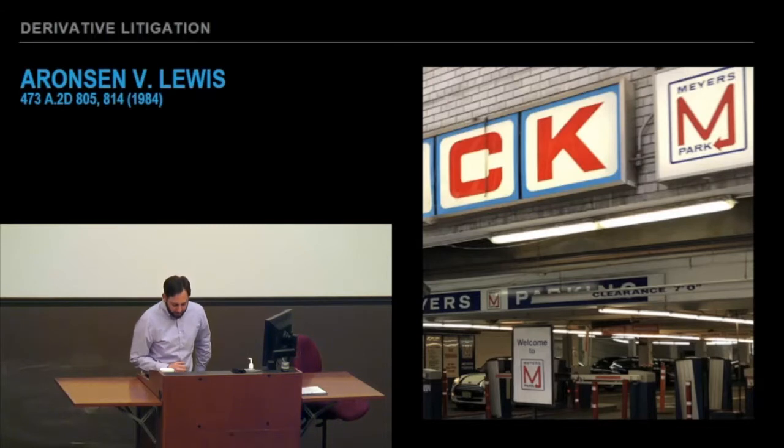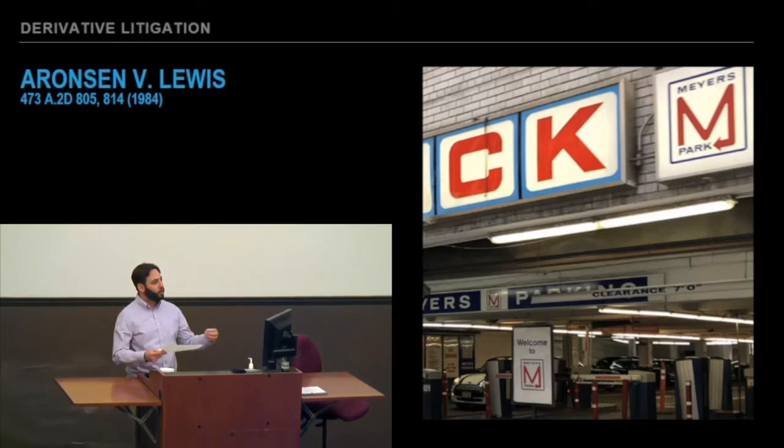Okay, so why? Why did the court come to that reasoning? The court held, our view is that in determining demand futility, the Court of Chancery in its proper exercise of discretion must decide whether there's a reasonable doubt created that the directors are disinterested and independent. So is there a doubt? Are the directors interested in the transaction?